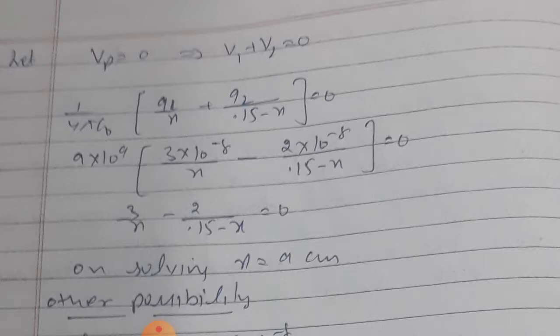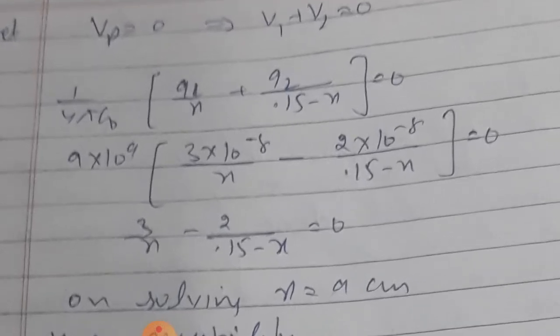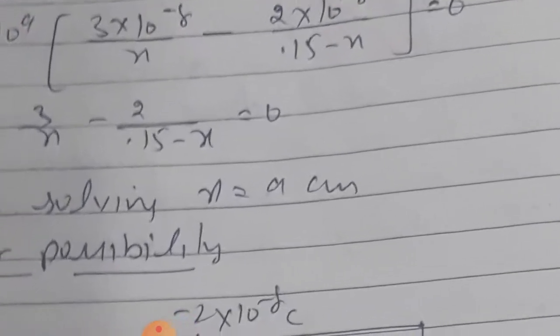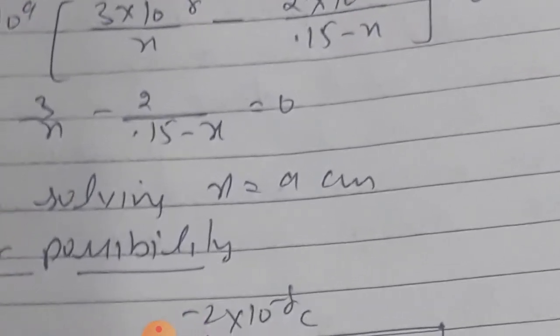Now we'll put the value of 1 by 4 pi epsilon as 9 into 10 raised to the power 9, and within the bracket we had taken Q1 by x plus Q2 by 0.15 minus x. We'll put the values of Q1 and Q2 and solve this equation, and on solving we get that x is equal to 9 centimeter.